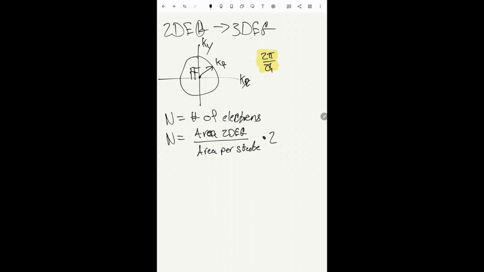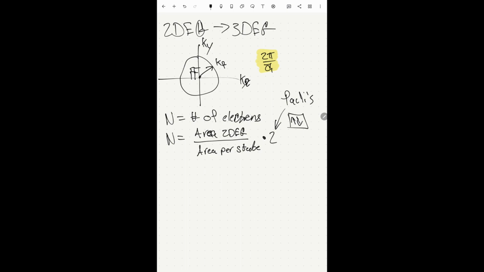If you're wondering where this 2 comes from, it comes from Pauli's exclusion principle. For those who don't remember, Pauli's exclusion principle says that in every state there can be one spin up and one spin down electron. So if every state in this 2D electron gas is filled, every state will have 2 electrons, thus maximizing the number of electrons we have.